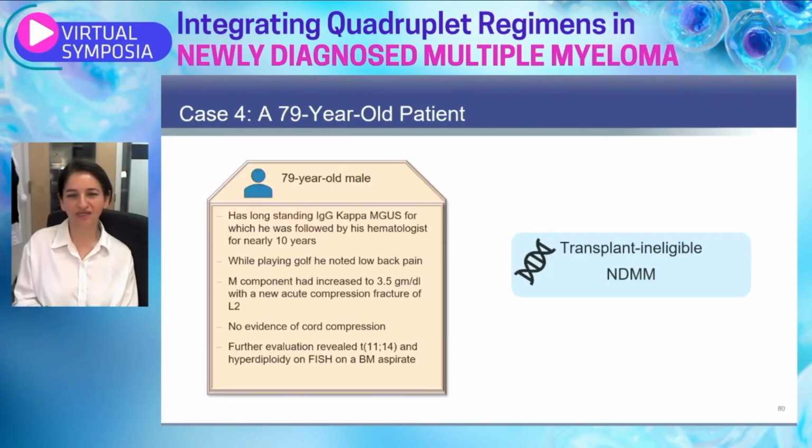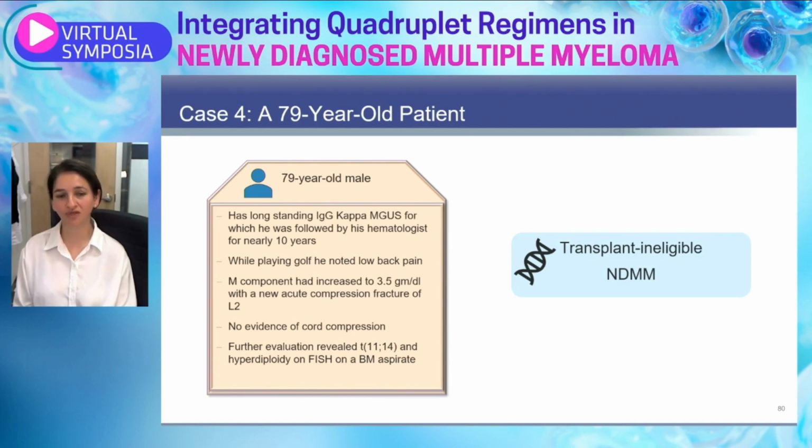Moving on to the next patient, this is a 79-year-old gentleman. He has long-standing IgG kappa MGUS for which he was followed by his hematologist for more than 10 years. While playing golf, he noted low back pain. He underwent further workup, and he had an M component of 3.5 grams with a new acute compression fracture of L2.